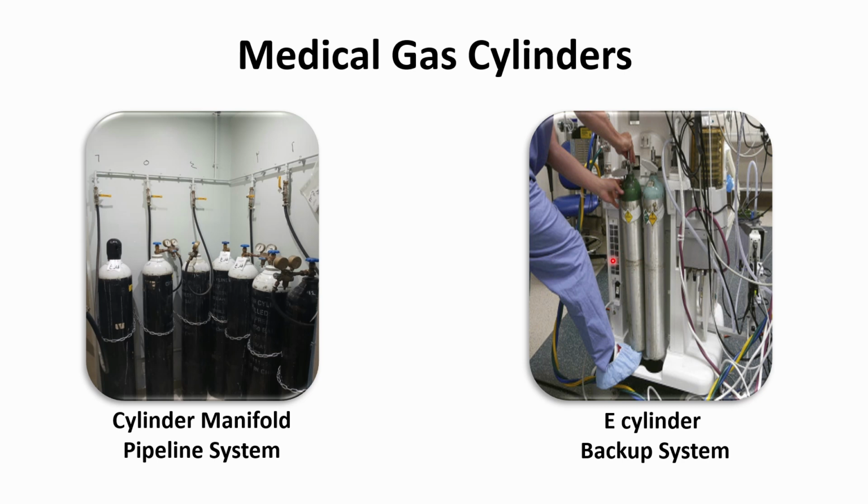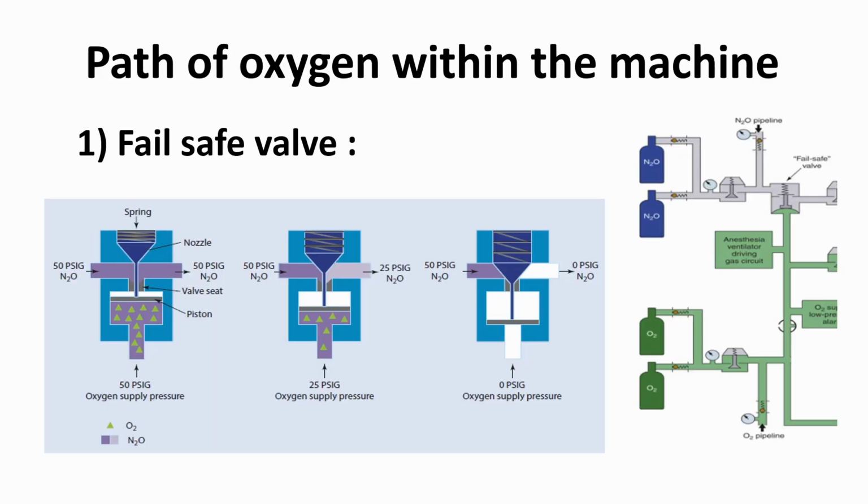They are size E cylinders with a pressure of 2000 psi, regulated inside the anesthesia machine, and they are only used as a backup system. These are not new information. We already discussed them in the gas delivery session, which was the first session in this course.